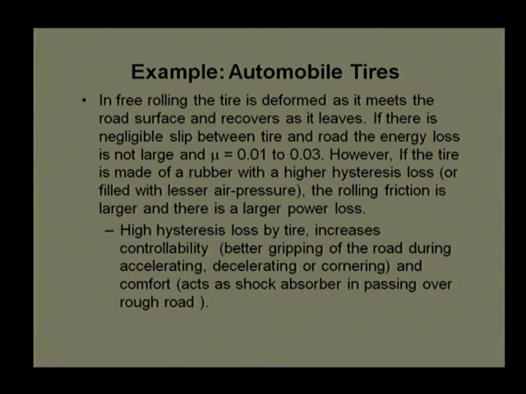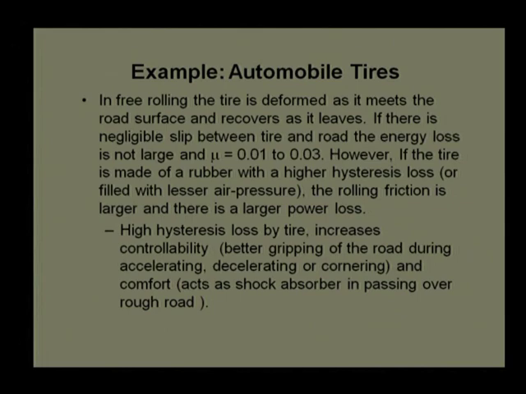When hysteresis losses are lower, in a perfect rolling, there will be some problem related to the steering of the vehicle. High hysteresis loss by the tire increases the controllability. A slight deformation of the tire will help in controllability, will provide the right direction, but if it is perfect rolling, then we face some steering related problem or direction related problem.